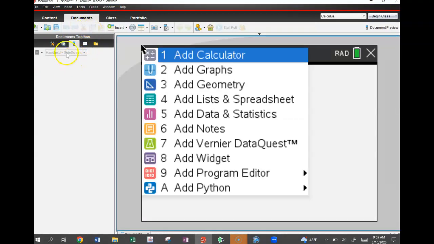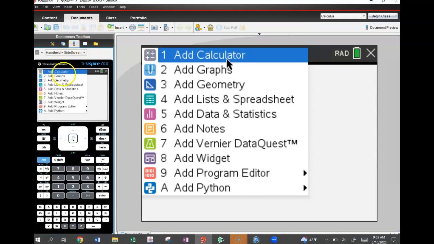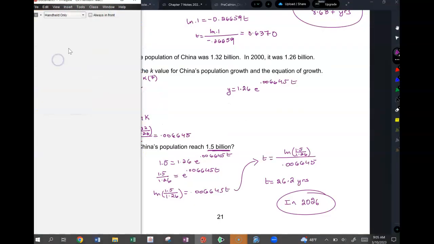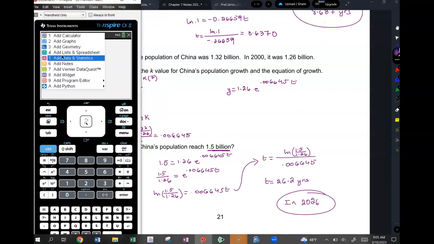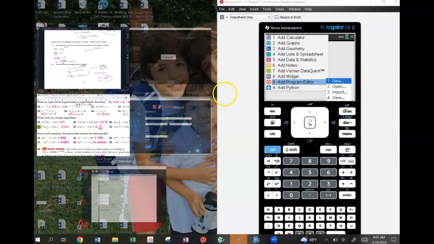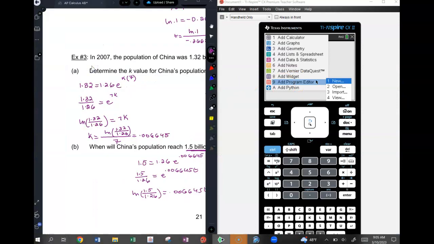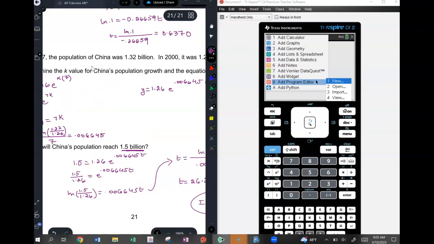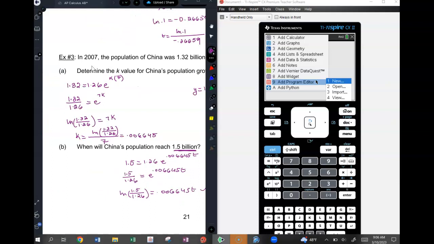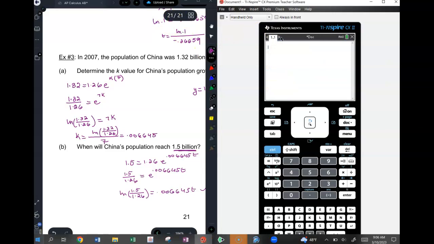Okay, so take a look. One thing I want to talk about is this. I want to remind you to use the answer whenever you can. So let's take a look at this one. Let's find k here. Okay, so how did we find k?